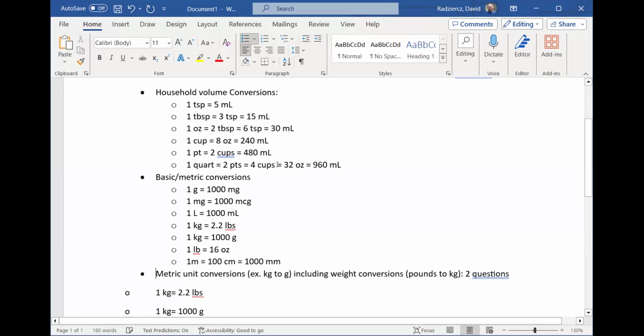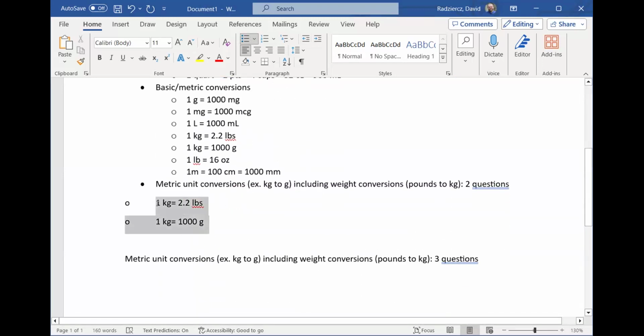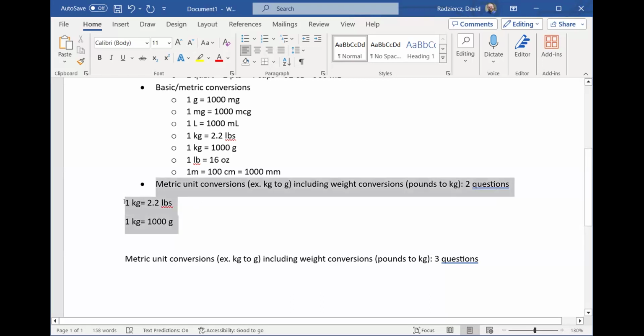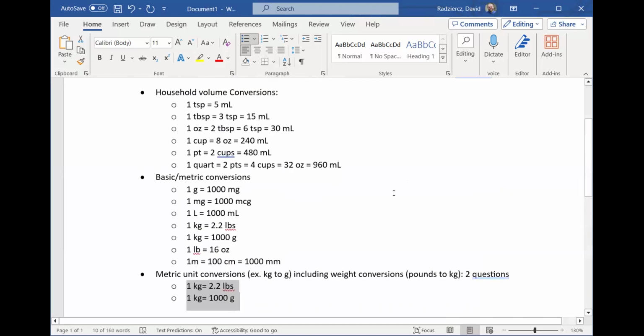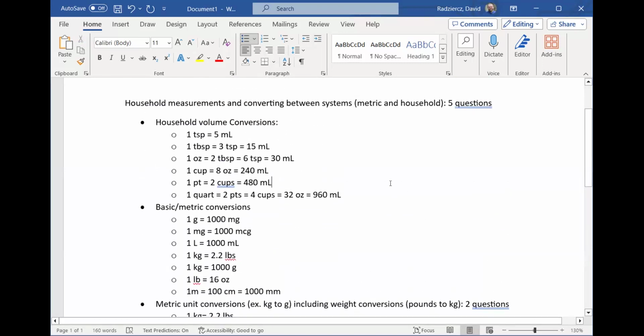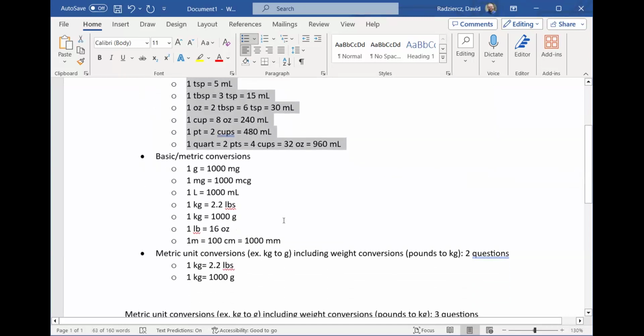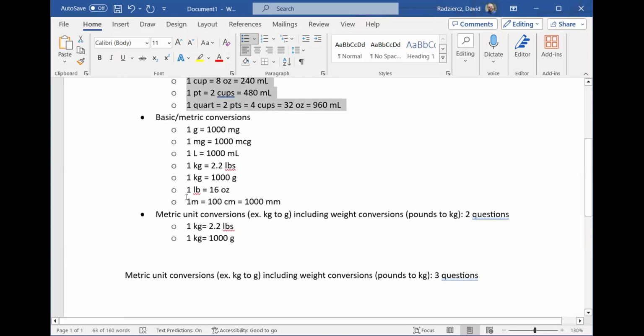And then your metric is just reverting back to some of these things that were already discussed above, but I'll go ahead and put them in here so that you have them as a reference. So you're going to have 5 questions that address these household volume conversions, and then 3 questions that are more of the metric, including weight-based conversions.